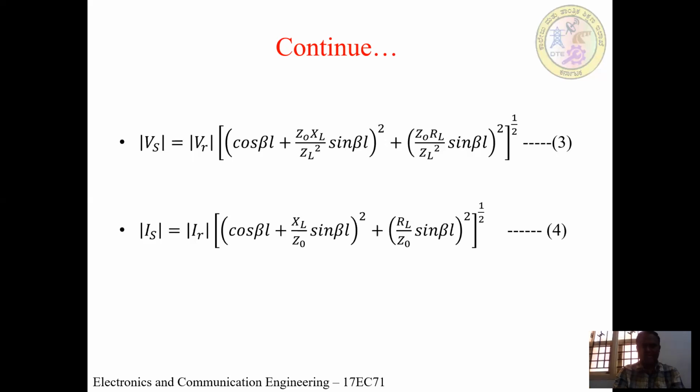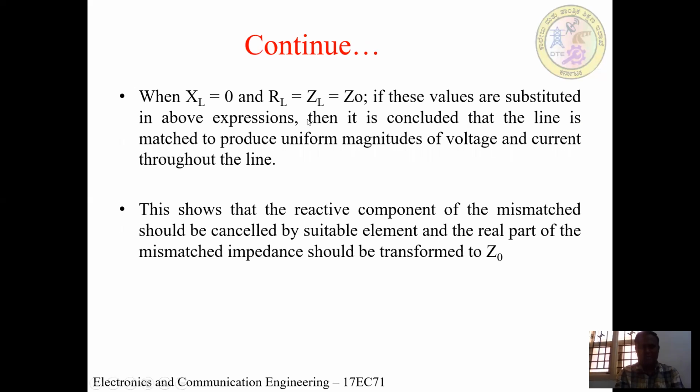The basic idea here is that I am going to substitute some values. As I said, the basic principle of this matching relies on cancellation of the reactive parts, the reactance parts. So keeping that in mind, I substitute XL equal to 0 and RL and ZL equal to Z0, because I told you in the beginning that I need to cancel the reactive parts and convert all the resistances or impedances into Z0.